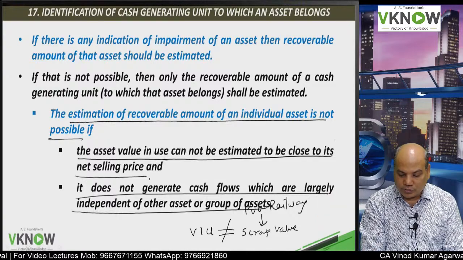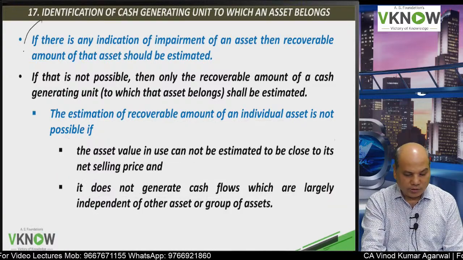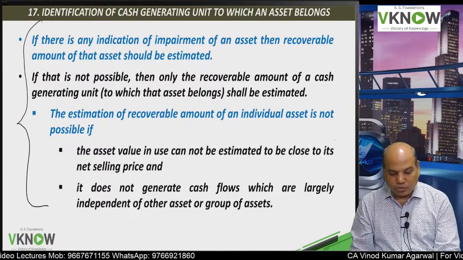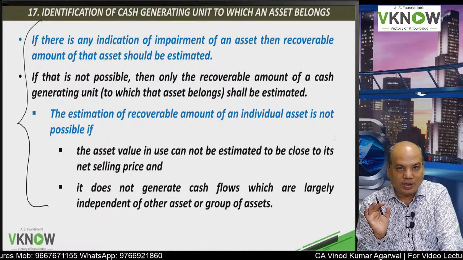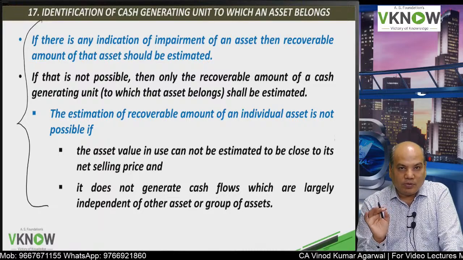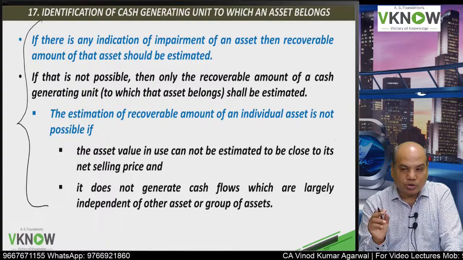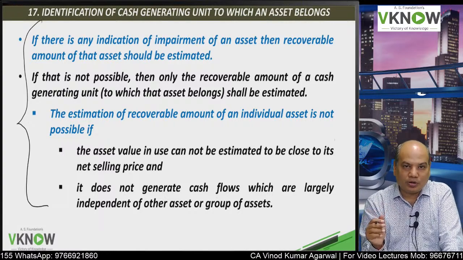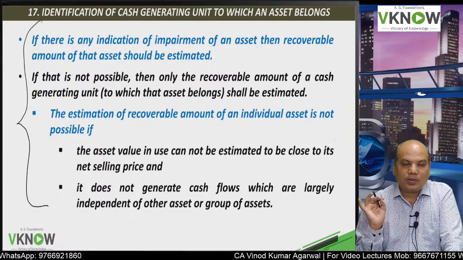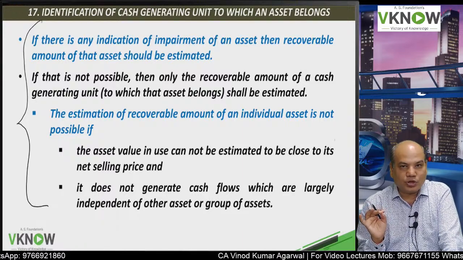So the summary of this discussion is, if cash flow cannot be generated by the asset independently, then we will apply impairment testing to the cash generating unit to which the asset belongs and compute the recoverable amount of the CGU.